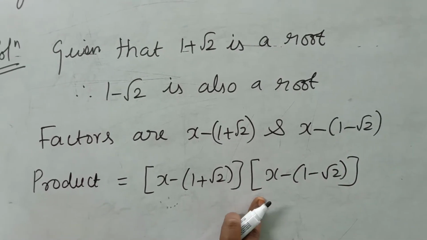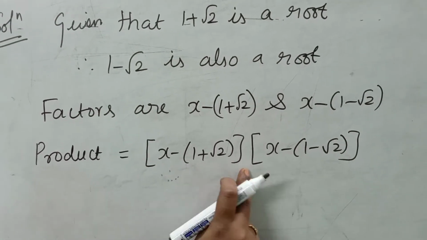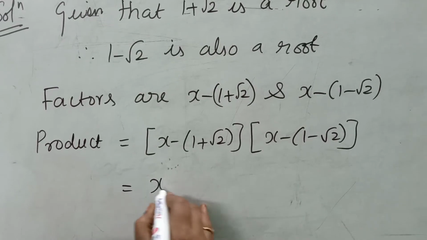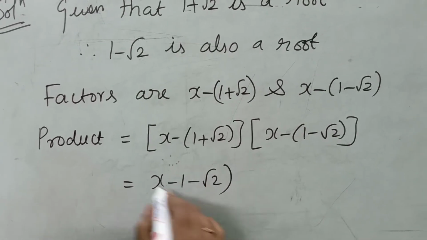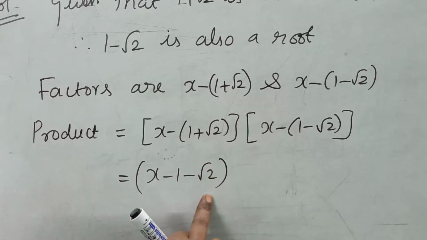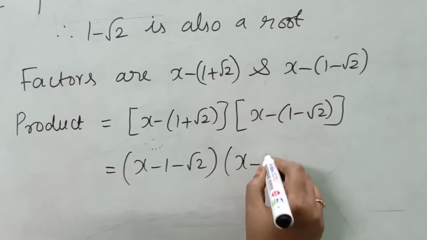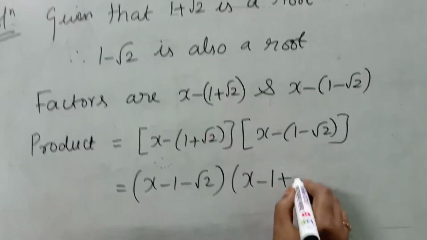This bracket indicates that it is a product. First remove the inner brackets: x minus 1 minus root 2, and next x minus 1 plus root 2.